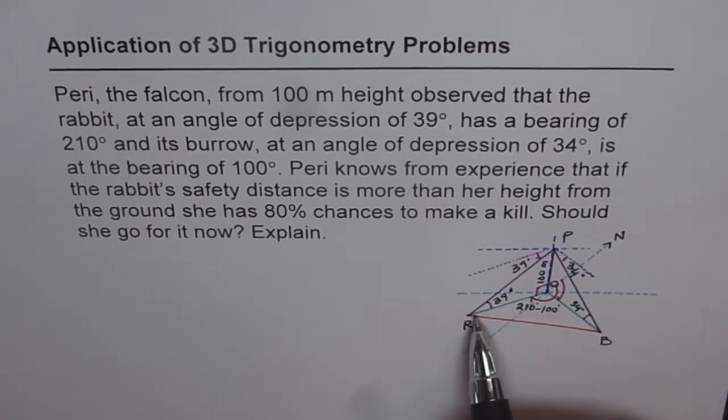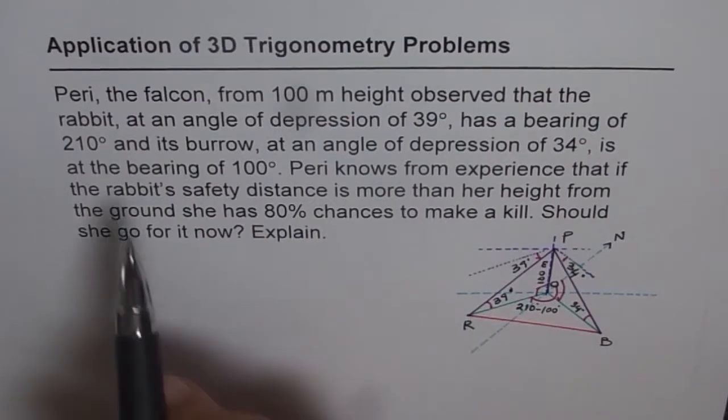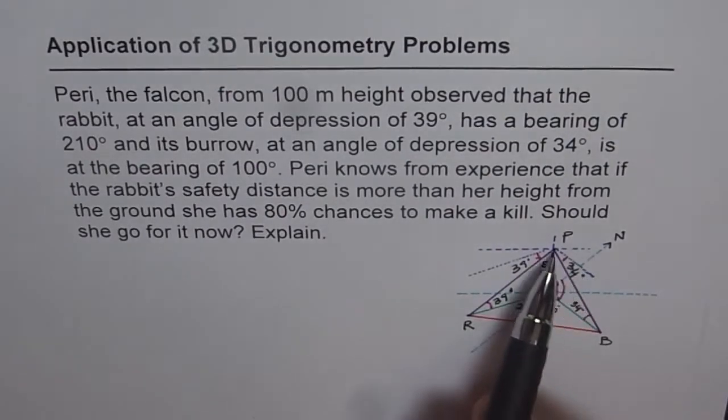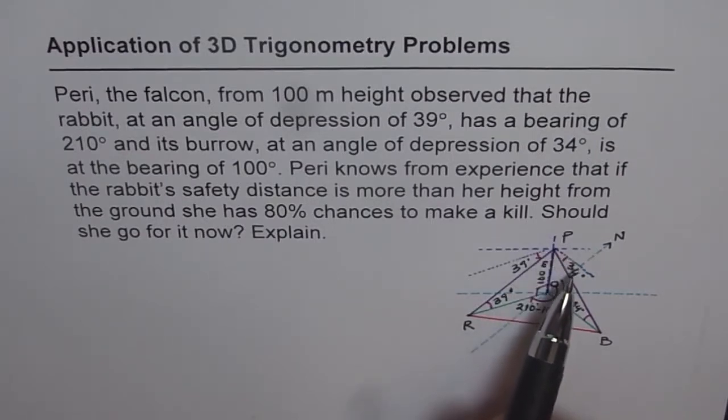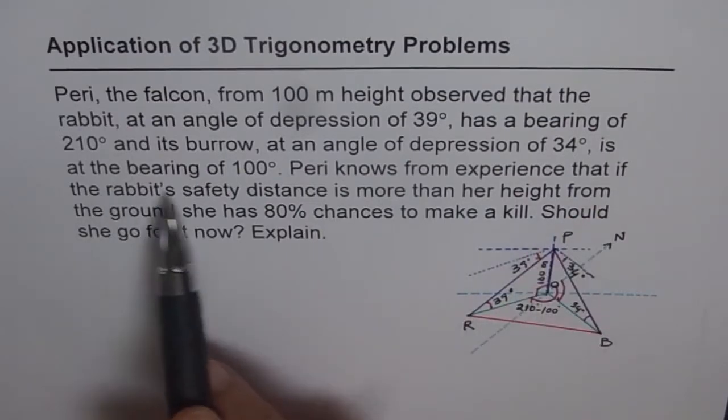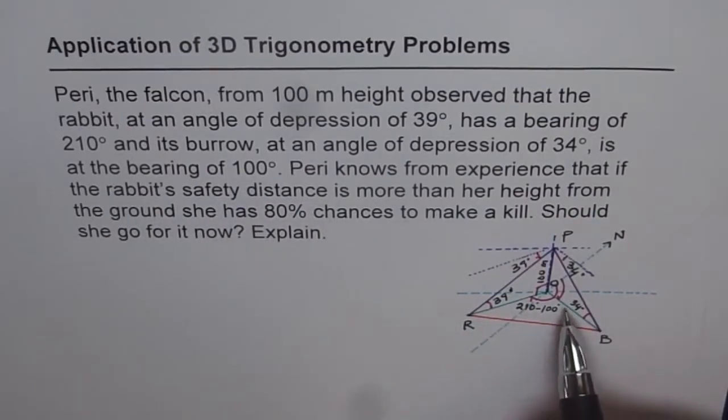This direction gives you a bearing of 210 degrees. And its burrow at an angle of depression of 34 degrees. The angle of depression is from the horizontal, right? So this is on the vertical plane, 34 degrees shown here, and it is at a bearing of 100 degrees on the ground.